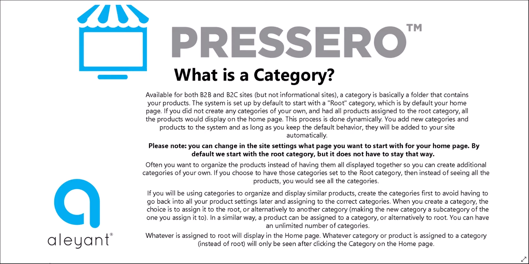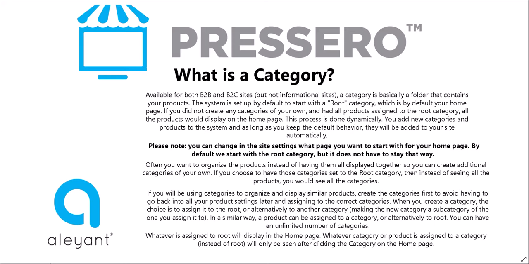If you did not create any categories of your own and had all products assigned to the root category, all the products would display on the home page. This process is done dynamically.